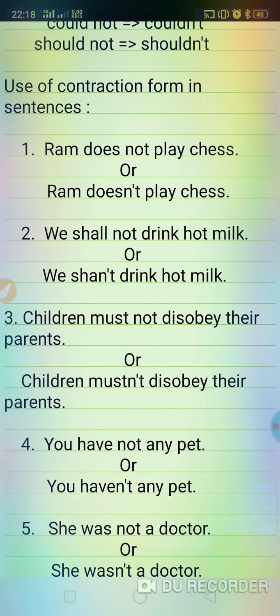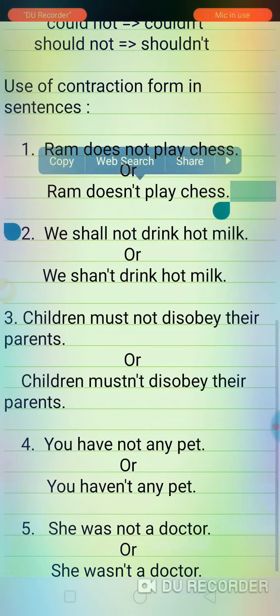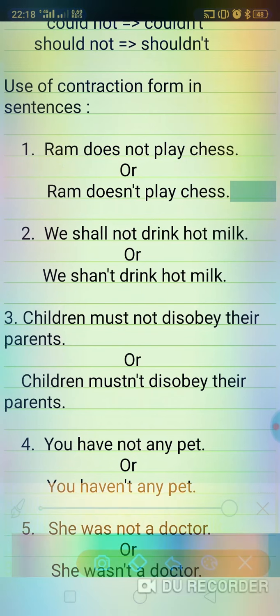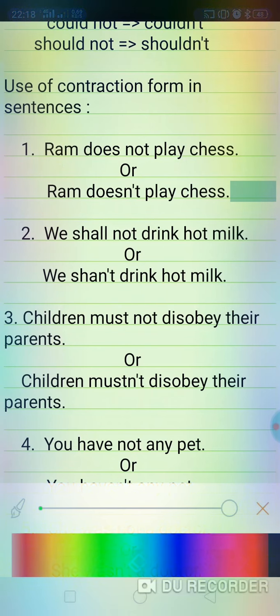In the first sentence, Ram does not play chess, no contracted form has been used. But in the second, Ram doesn't play chess, the contracted form has been used. That is the contracted form of does not.